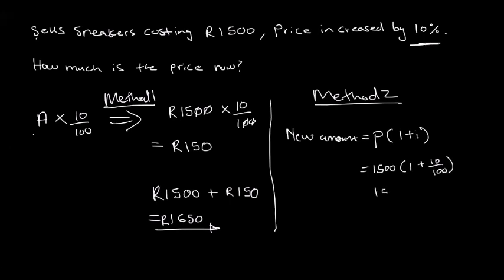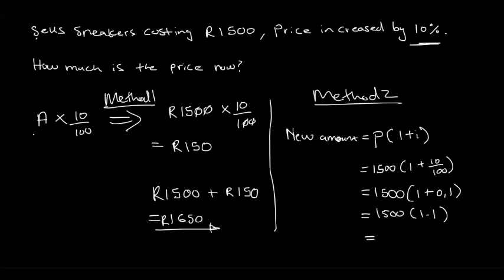This means that this is equal to 1,500 into 1 plus 0.1, which means 1,500 times 1.1. How much will that give you?